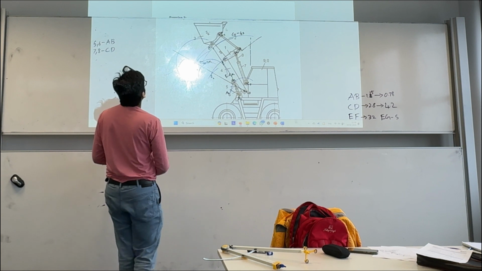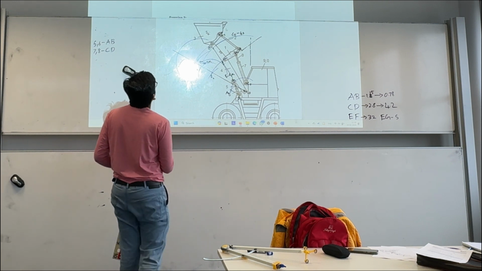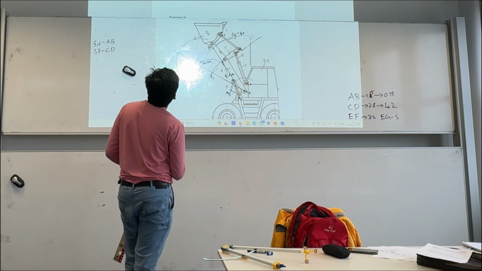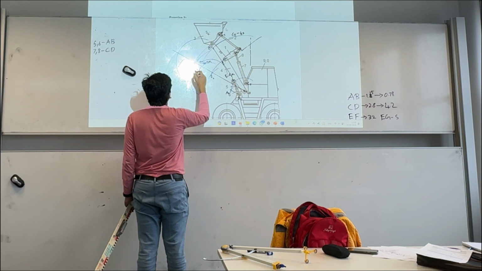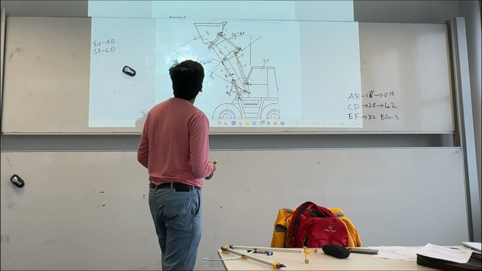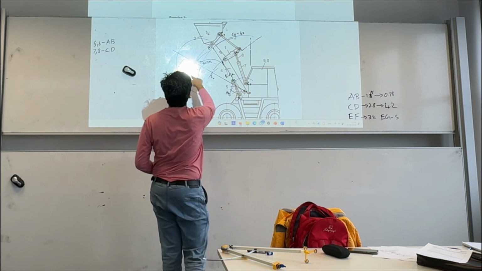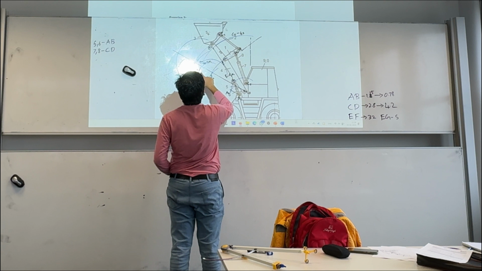Something like this approximately. So the beam is still there. What I'm missing is F1CH1, F2CH.